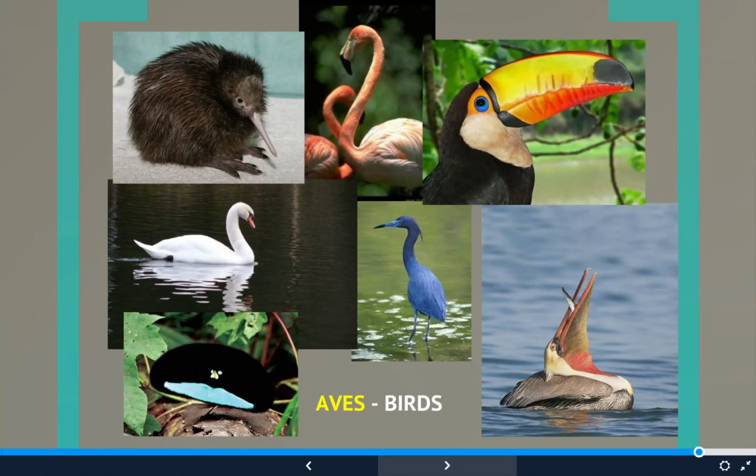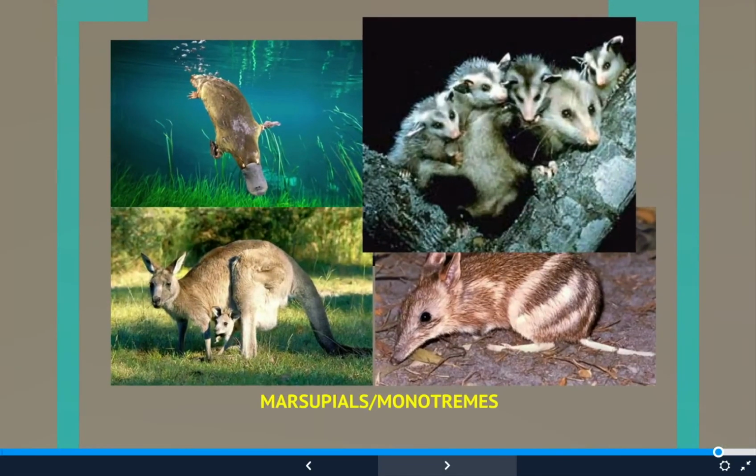Those are the birds. So if you've ever gone to the zoo, if it says aviary, it's because it's talking about the section that has birds. Marsupials are anything that are found typically in Australia, but things like kangaroos and platypus. Those are marsupials or monotremes.